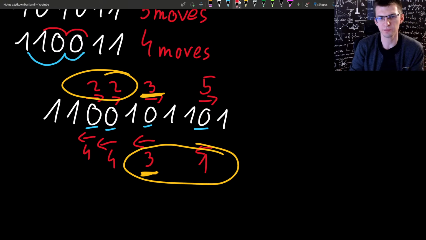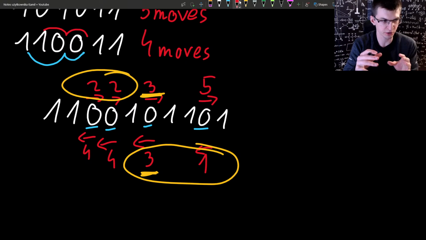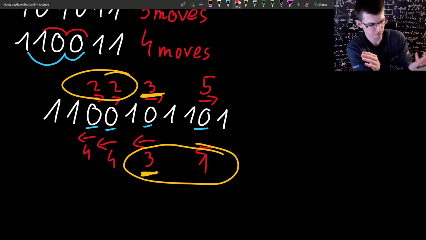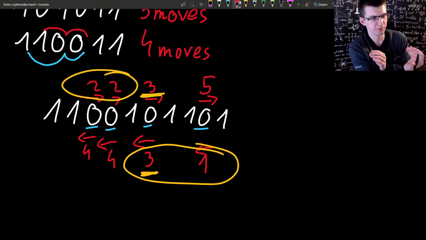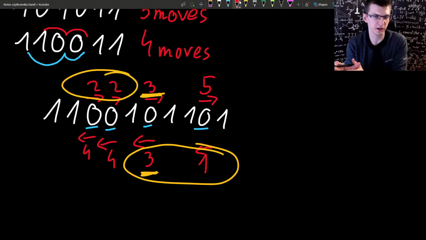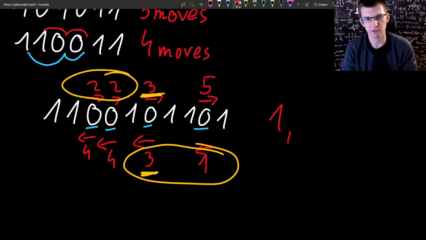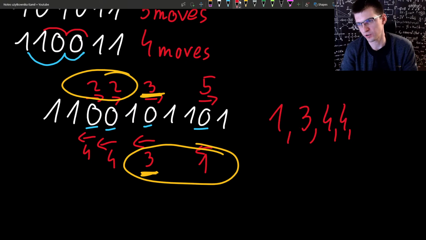In some other example will be that. For every 0, I count the number of ones on the left. So what happens if I want to make a meeting for ones to be on the right? And some other example might be that the sequence of these moves to the right required for every 0 would be, let's say, 1, 3, 4, 4, 7, 8, 9.